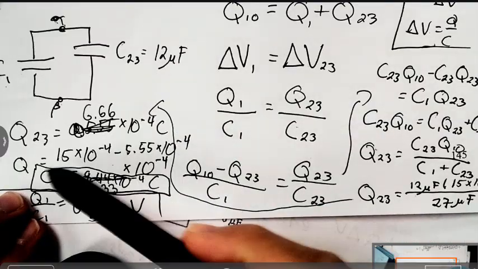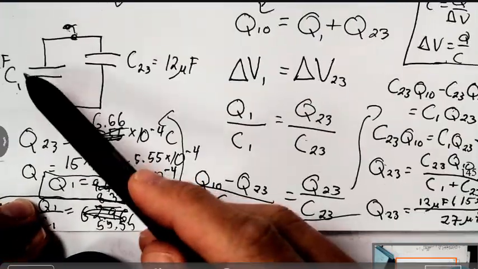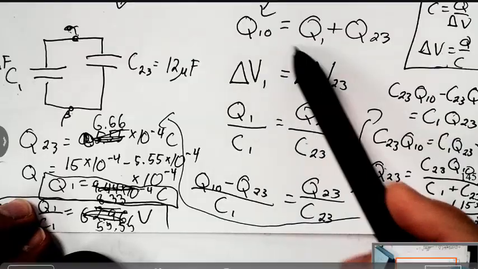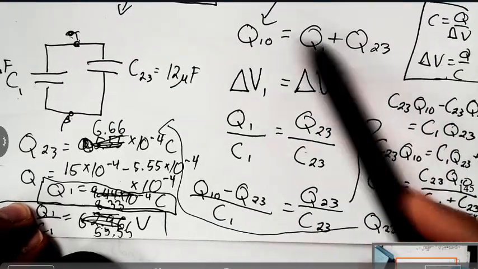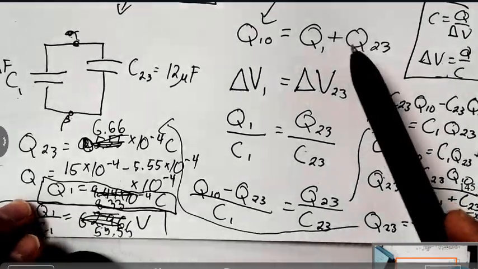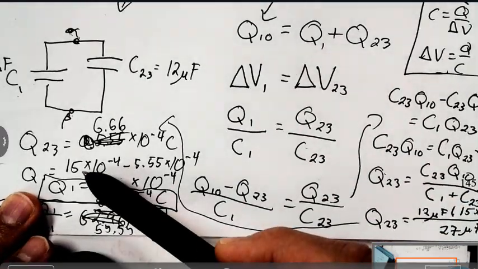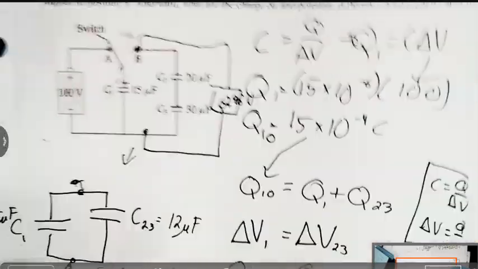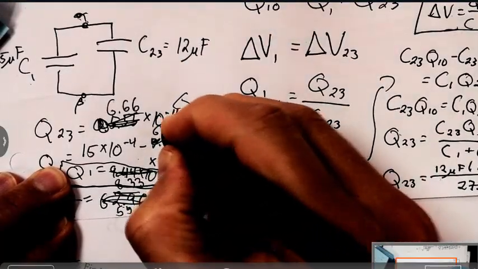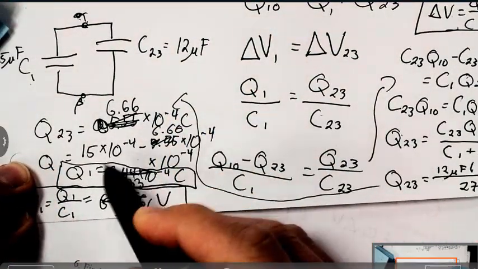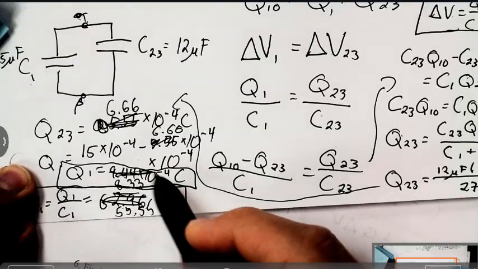And that gets me Q1, because remember Q1, which is what I want to find, is equal to the original Q1 minus the Q23, because that original charge is distributed to both new capacitors. And so when I take 15 times 10 to the negative fourth, the original charge stored in the capacitor, and subtract this new charge, the 6.66 times 10 to the minus fourth, I get 8.33 times 10 to the minus fourth.